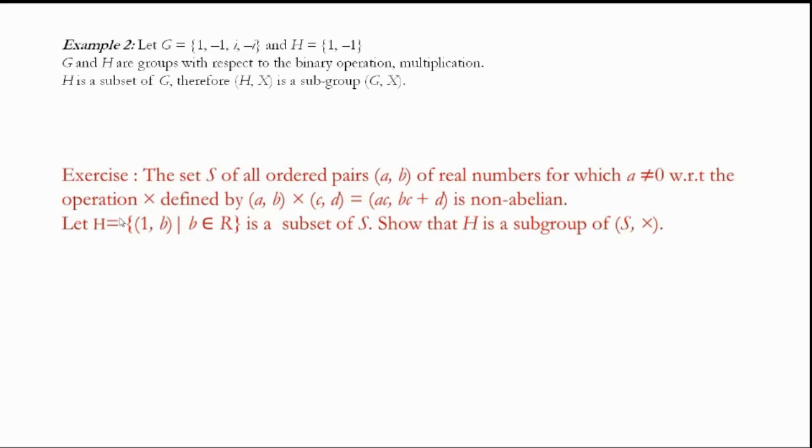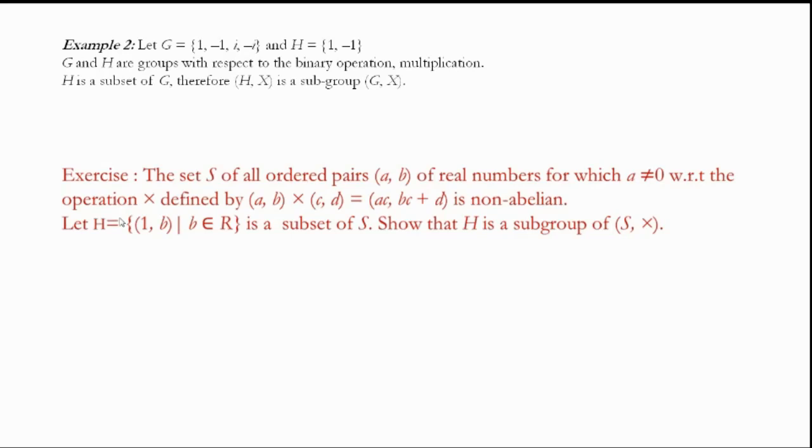From a group, you pick some subset. Whatever operator you apply on the group, the same operator will be used for the subgroup also. And if you observe that the subgroup is also forming a group, then whatever subset you picked is a proper subgroup of the main group.